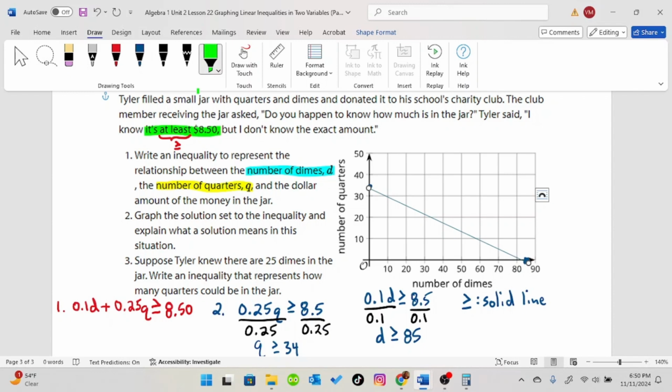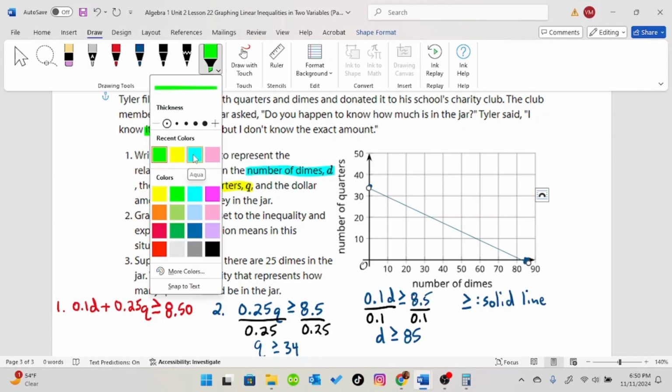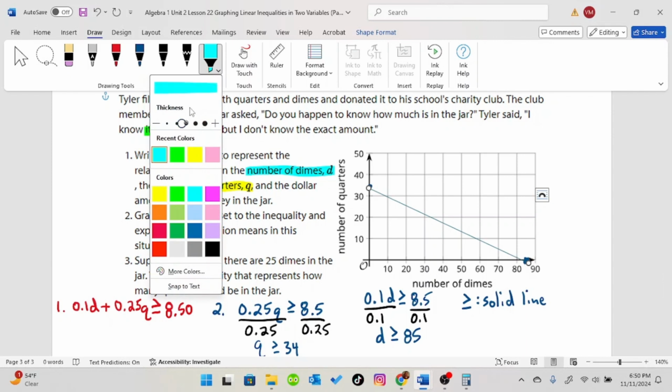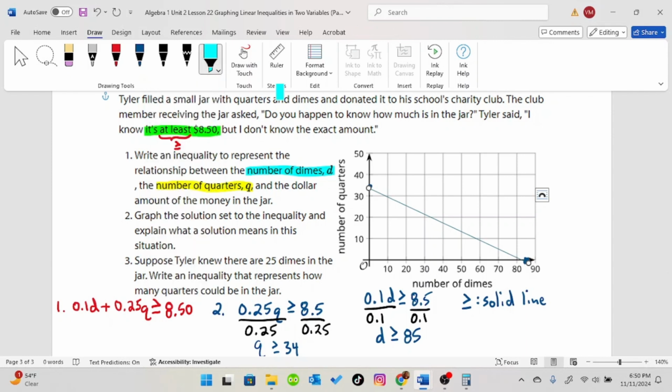So it cannot be the bottom side, it's gotta be the top side. So we shade in everything above and to the right of the solid line.